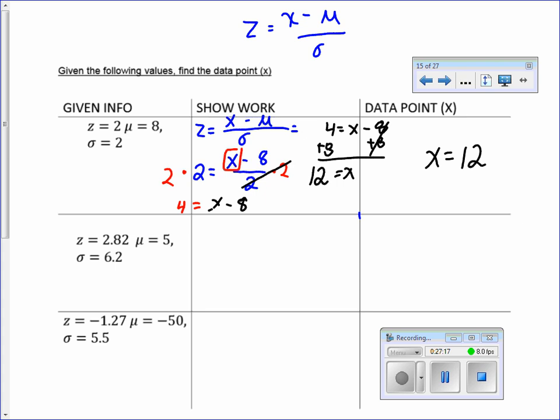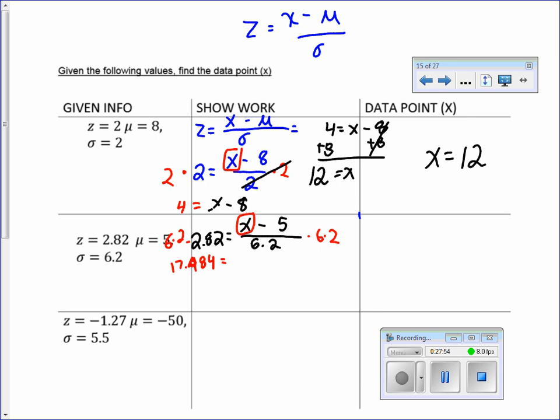We're going to do the same thing again. Using this formula, z is 2.82 equals x minus the mean, 5, divided by the standard deviation, 6.2. We want to get x by itself, so we multiply by 6.2 on both sides. 6.2 times 2.82 equals 17.484.